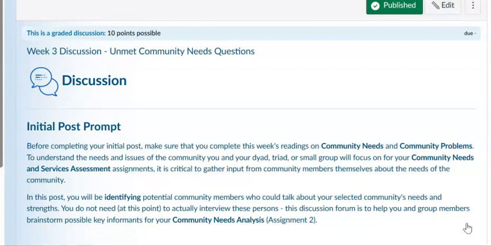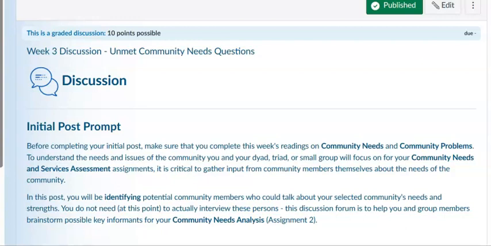It is critical to gather input from community members themselves about the needs of the community. So in this post, you will be identifying potential community members who could talk about your selected community needs and strengths. You do not need at this point to actually interview these persons, but this discussion forum is to help you and your group members brainstorm possible key informants for your community needs analysis, which is assignment 2.